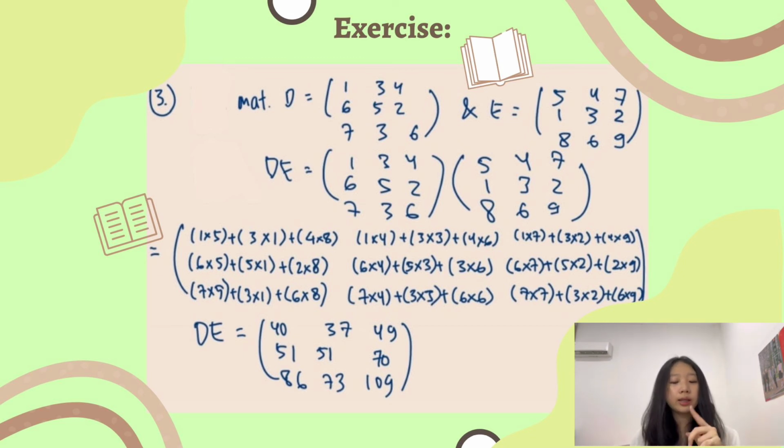For the G, 7 times 5 plus 3 times 1 plus 6 times 8. For the H1, it was 7 times 4 plus 3 times 3 plus 6 times 6. And for the last one, it was 7 times 7 plus 3 times 2 plus 6 times 9. Then it remains the matrix of DE. It was 40, 37, 49, 51, 51, 70, 86, 73, and 109.